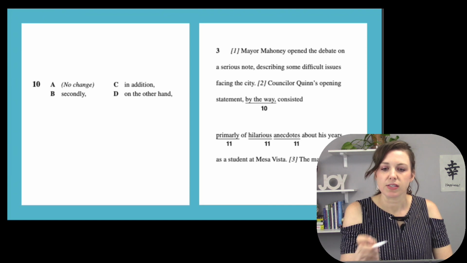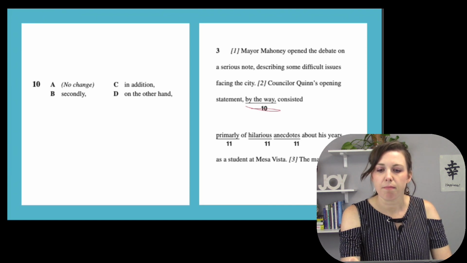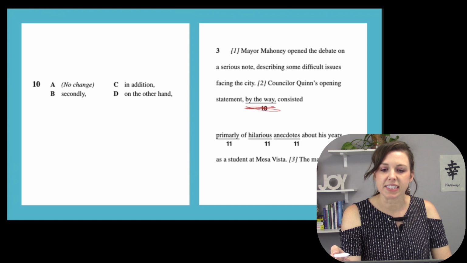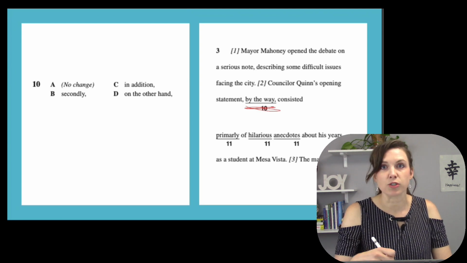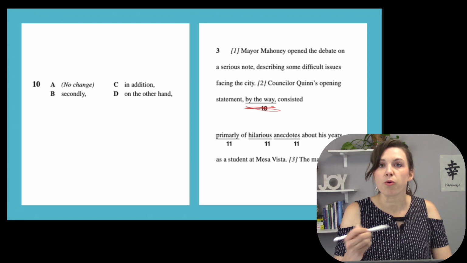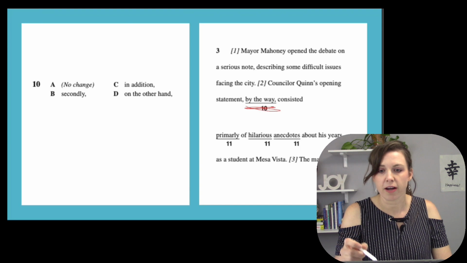Number 3. So here we have underlined by the way. So we need to decide, is by the way necessary right here, or should we have secondly, in addition, or on the other hand? So because this is a transition, we need to understand what it's transitioning. So it's important in this case to read the whole paragraph.